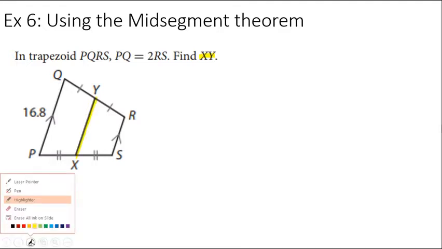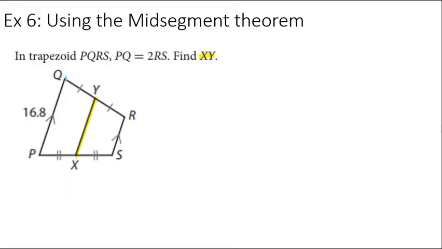They give us PQ, but they still haven't given us RS. Since they tell us this equation, PQ is 2 times RS, we could also say that RS is half of 16.8.